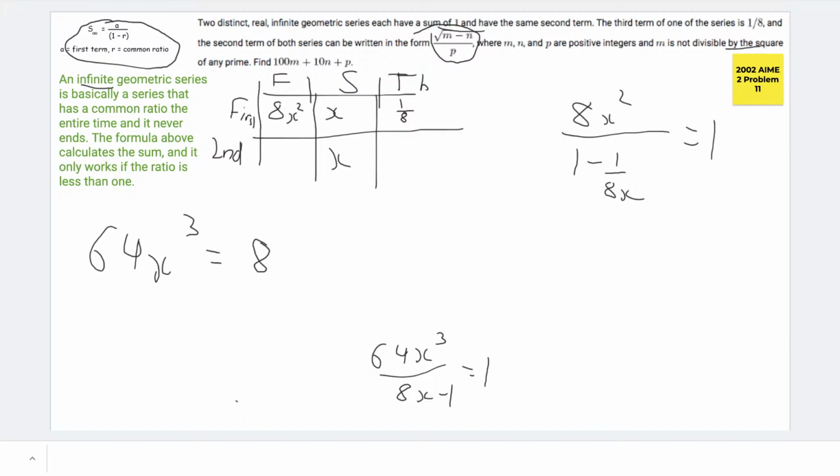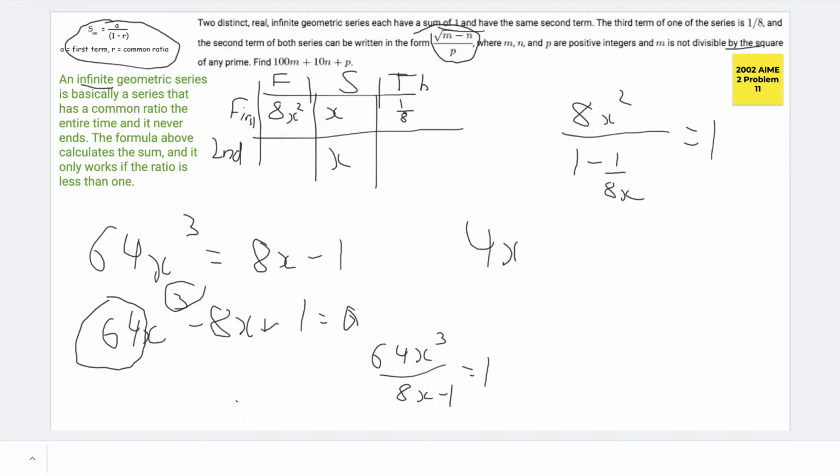And now you subtract 8x from both sides, and then add 1 to both sides, to find a factorable form. So 64x cubed minus 8x plus 1 equals 0. And usually whenever you have a cubed term, and 64 is 4 cubed, you can usually factor it in a form of 4x times 16x squared.